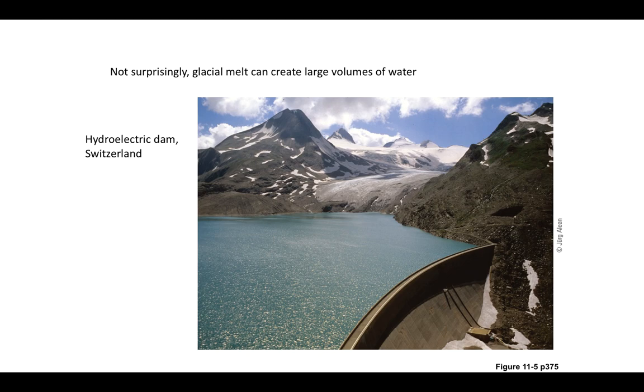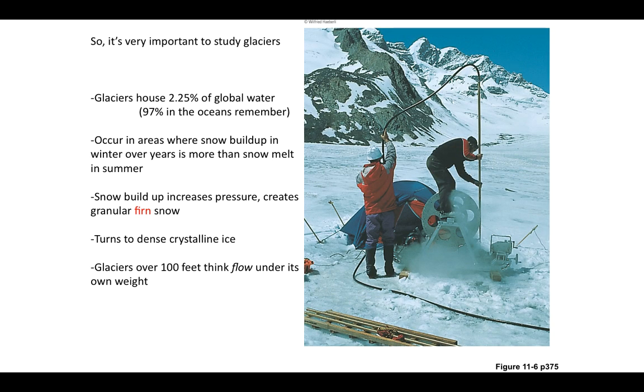So our glaciers are very important to us, and that's why it's very important to study glaciers. They tell us a whole lot about how global temperature is changing just from their melting, but also from ice cores. It takes a long time for a glacier to accumulate.